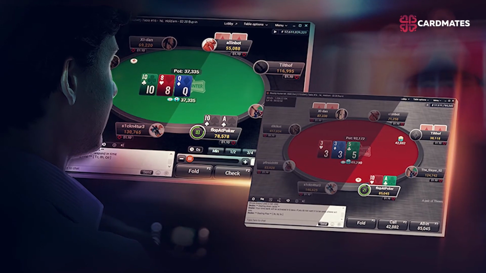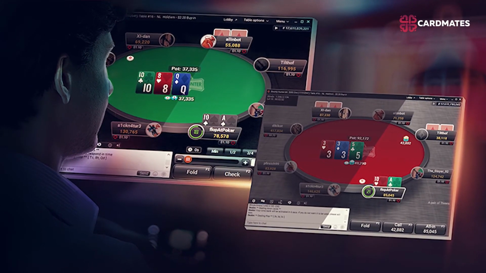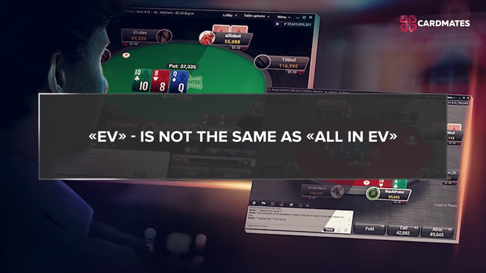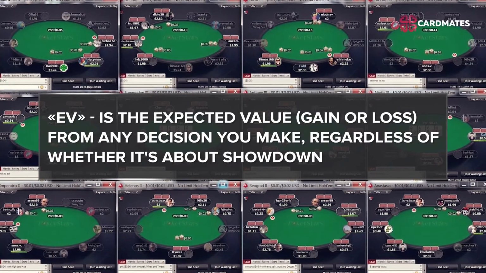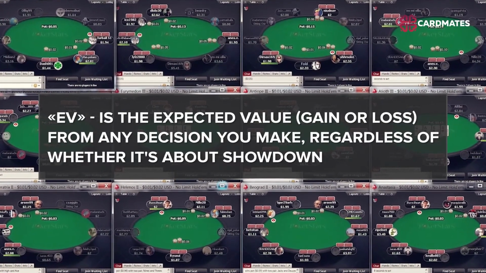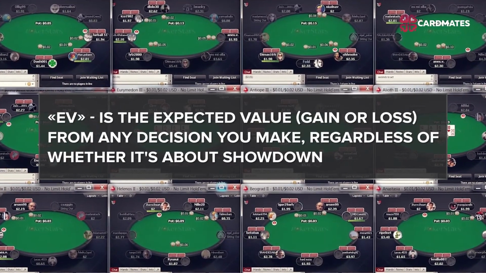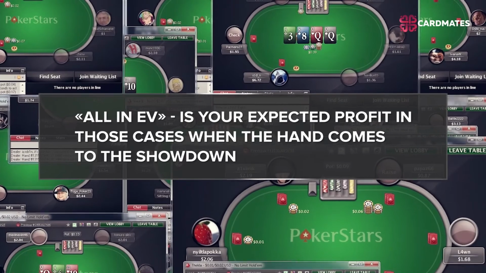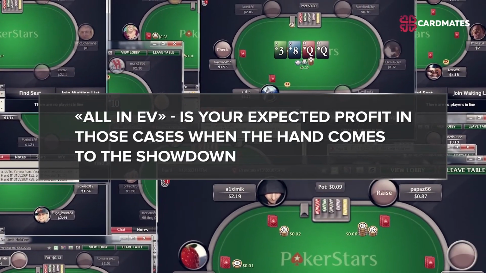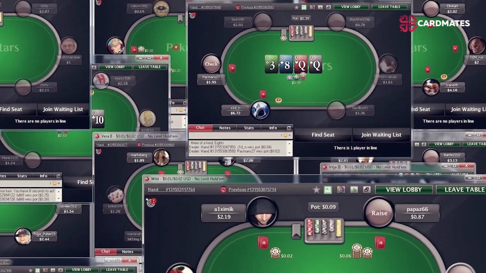Before moving on, I need to quickly warn you about one common misconception in terminology. EV is not the same as all-in EV. The first is the expected value, gain or loss, from any decision you make, regardless of whether it goes to showdown. The second is your expected profit in those cases when the hand comes to showdown, and therefore this EV applies only to these situations.